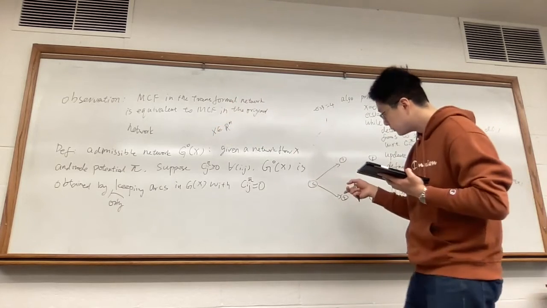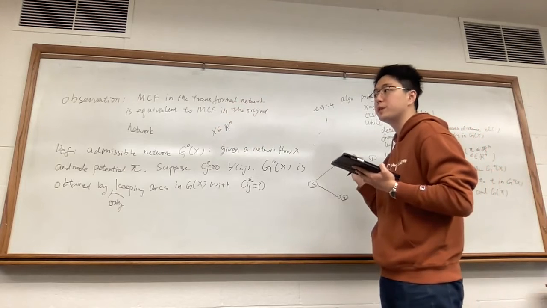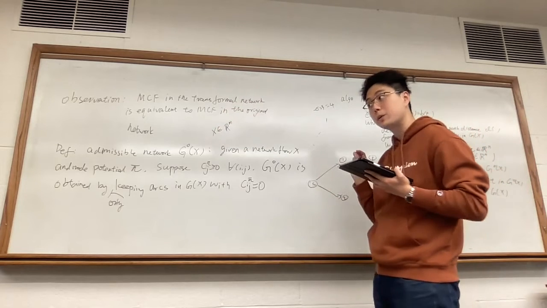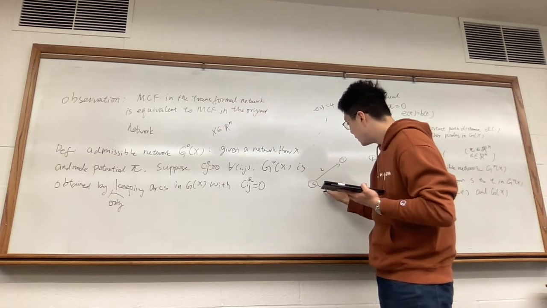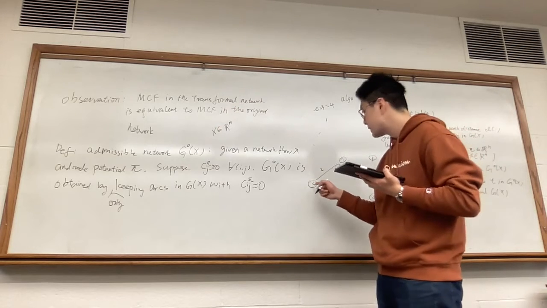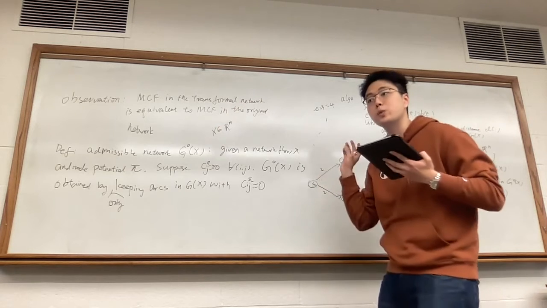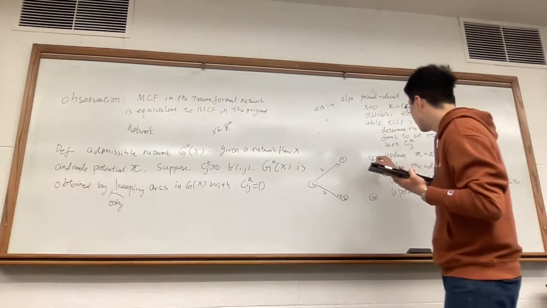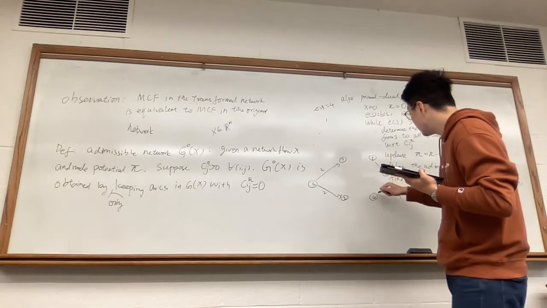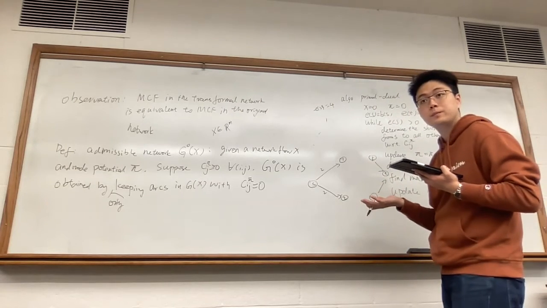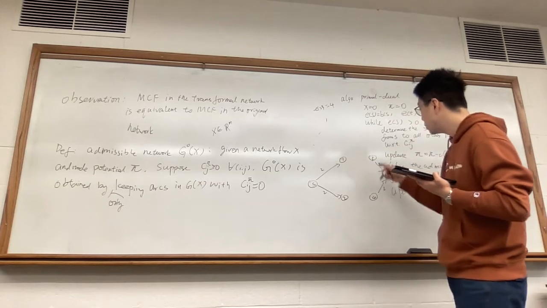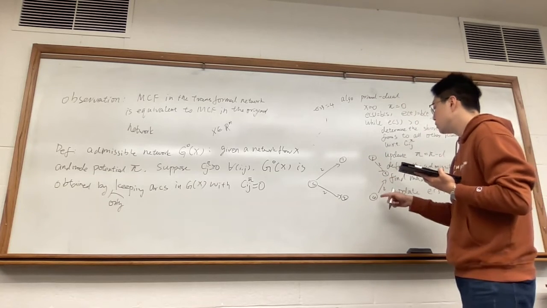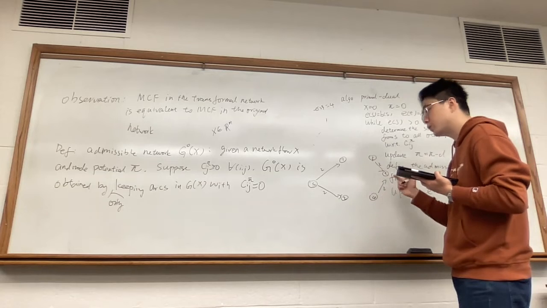Because to make this solution to be feasible, we want S to send 2 units of flow to 1 and 2 units of flow to 2. Because S1, S2 should be saturated, right? And 3T and 4T, they should be saturated. So that's to say there should be 2 units of flow from 3 to T, 2 units of flow from 4 to T.